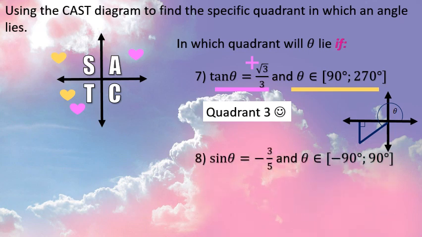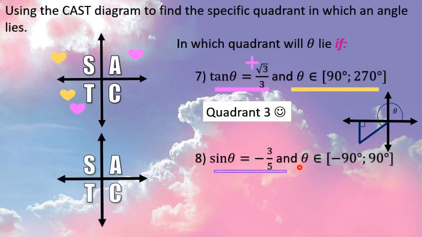Last but not least, what if sine theta is -3/5? Now, the negative is clear, so we know that we must go and make a mark in the negative sign quadrants, quadrant 3 and 4, of course. And this might be a little bit confusing to you because we haven't dealt with negative angles yet, but don't worry, we will deal with them soon.